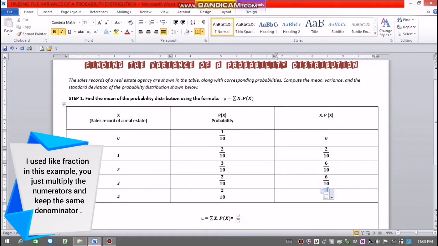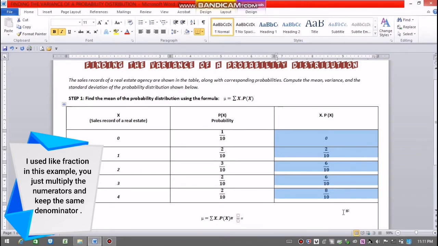And for the last column, 4 multiplied by 2 over 10 is equal to 8 over 10. Now, to get the value of the mean, we must first add the values here.